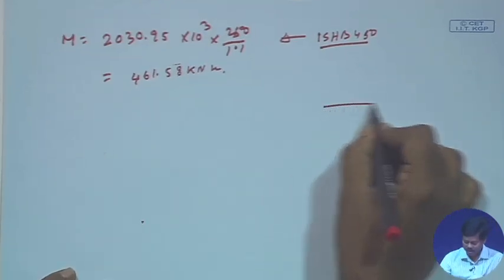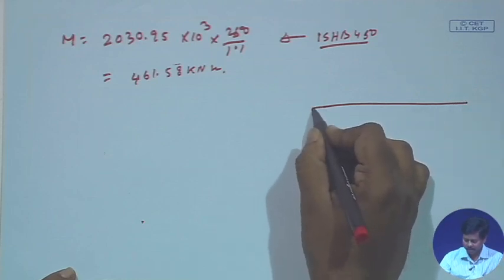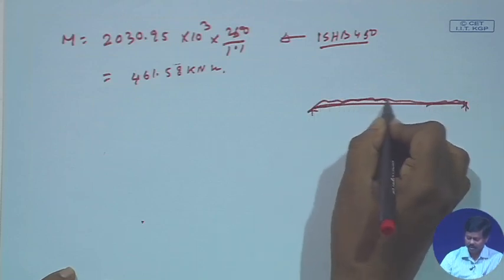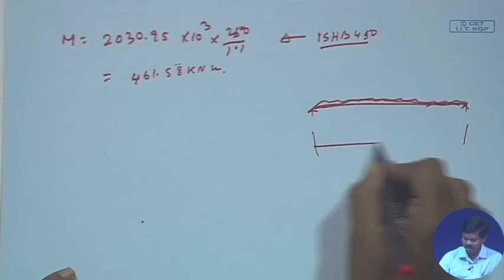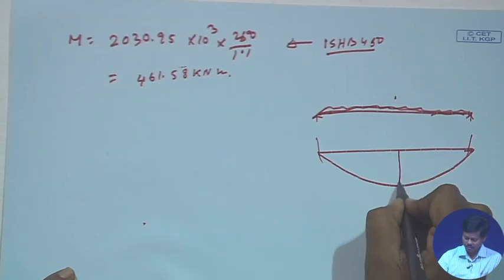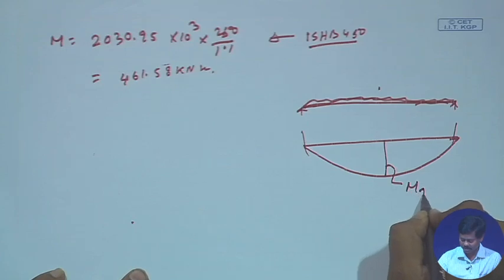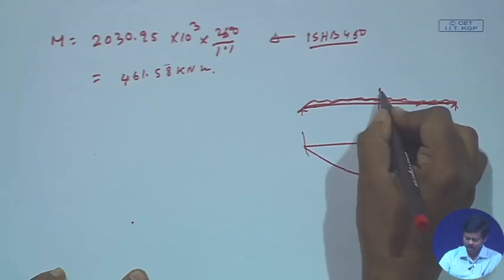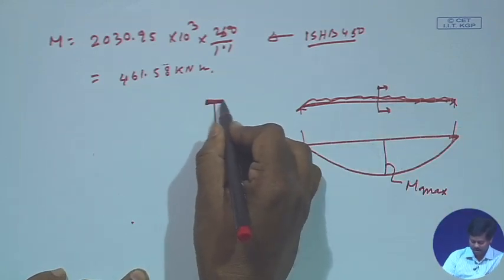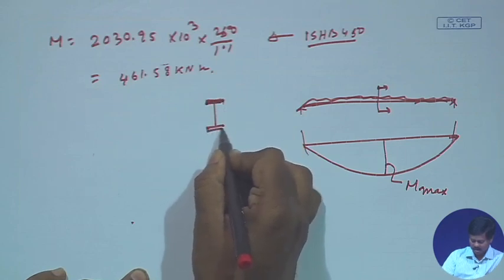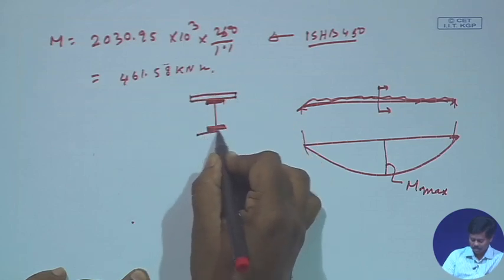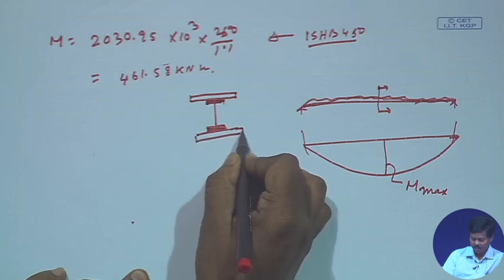Now, see, for a beam the bending moment is varying and the maximum bending moment is coming at the center, right, and to take care of the maximum bending moment, we need to provide a section which consists of an I section and some additional plate, right, to withstand that much moment.